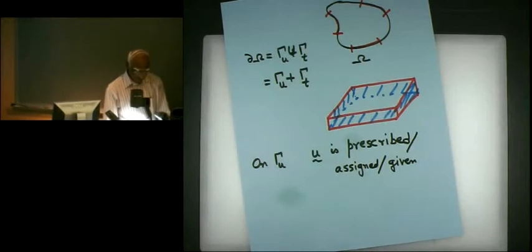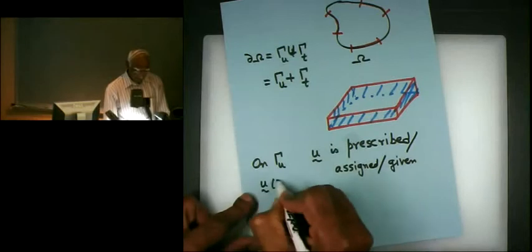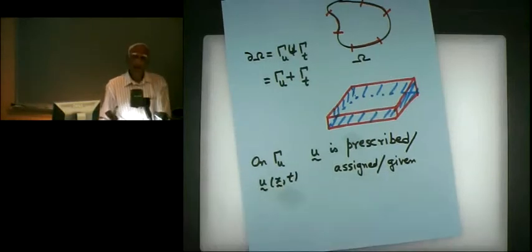So if the displacement is prescribed as a function of x and t, then you can find the velocity also. So you cannot prescribe both displacement and velocity. You can prescribe one of the two. If you are working in fluid mechanics, you will prescribe velocity. If you are working in solid mechanics, you will prescribe displacement, but not both.